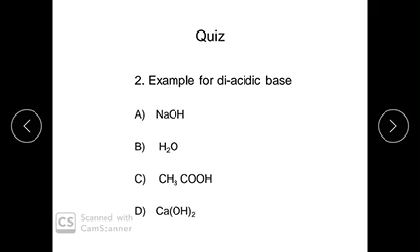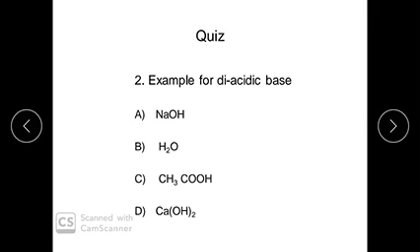And next one is example for diacidic base. Diacidic base is nothing but a base substance which produces two OH minus ions. Then it is called a diacidic base. Example A, NaOH. It is sodium hydroxide. It is a base, but it produces only one OH minus ion.